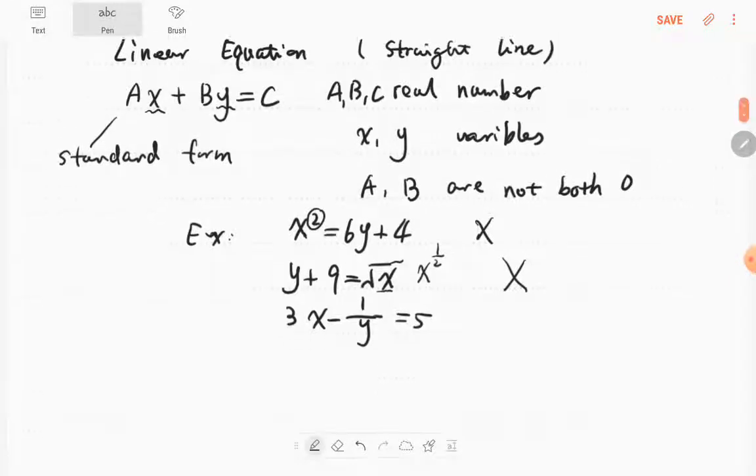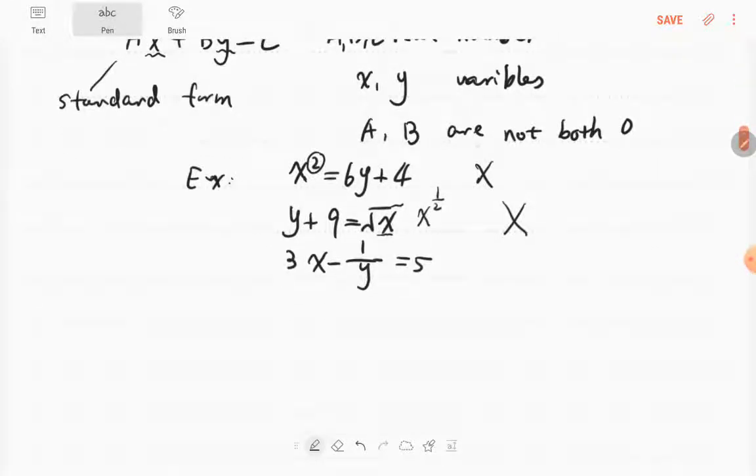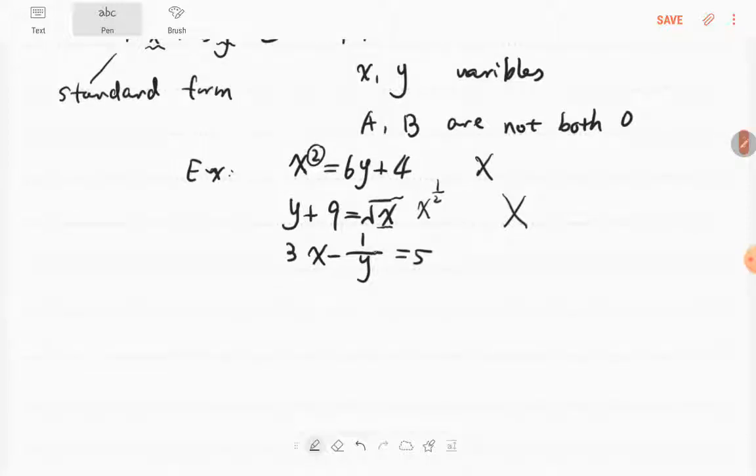Then we check the last one. Is this one yes or no? X, that will be good. 3x, so the x term is good. Let's check the y term. This time we have 1 over y. Let's just think about the y term.